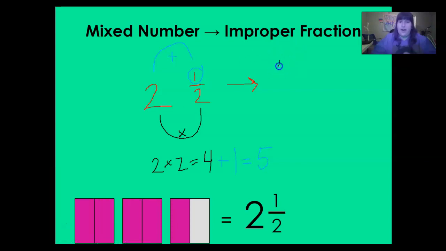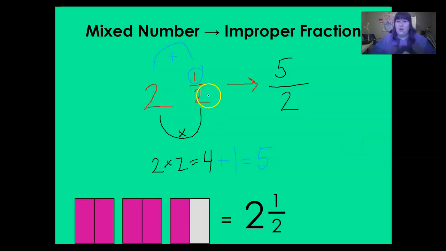How many pieces you have total? You had 4 pieces of your whole from those 2 wholes, and then 1 extra means 5. Your denominator then stays the same. The number of parts in a whole isn't changing, even if you're converting from a mixed number to an improper fraction. So if the denominator was 2 in your mixed number, the denominator is 2 in your improper fraction.